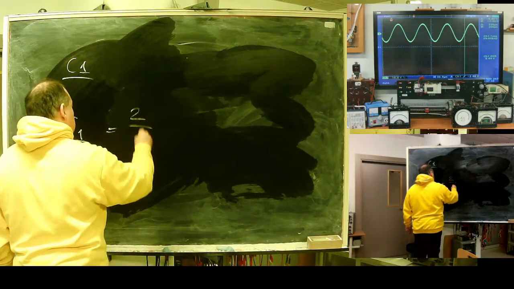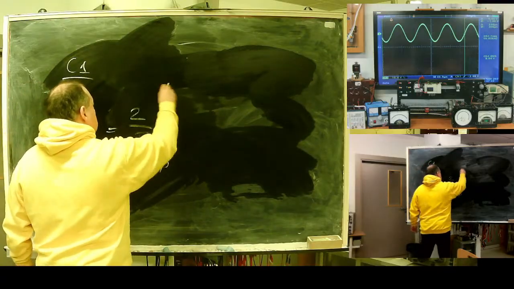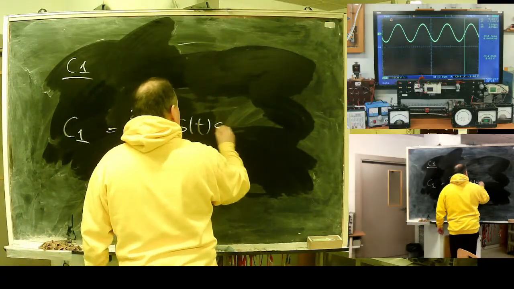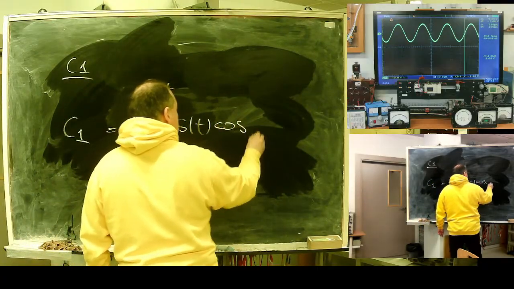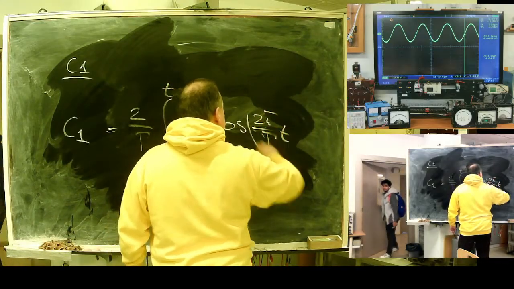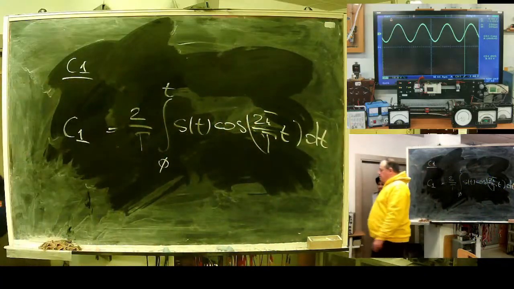This will be 2 divided by time, integrating from 0 to time my signal, cosine of 2 pi divided by time. I'll need this.